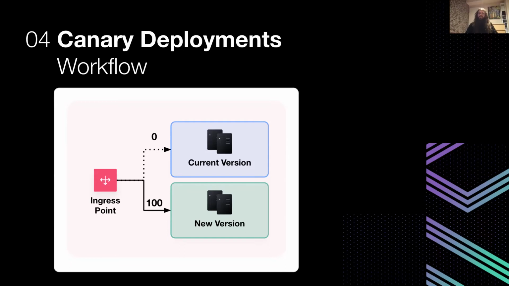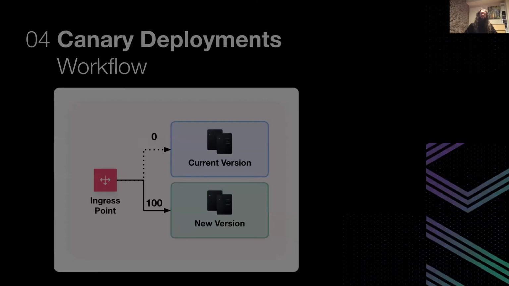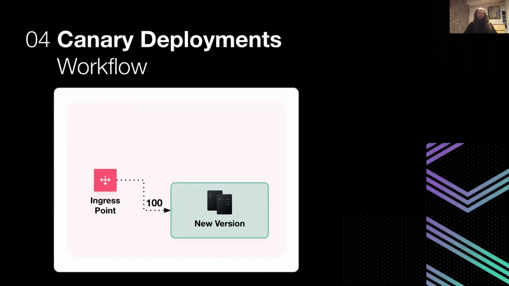After which, we can decommission the old version, and the whole procedure can repeat again once we have a new version enabled. This is the final state of a Canary deployment. In this step, the new version becomes the current version, and the process repeats again.